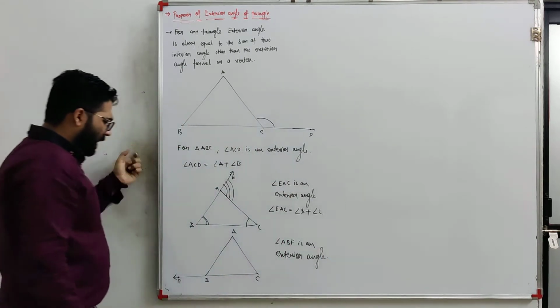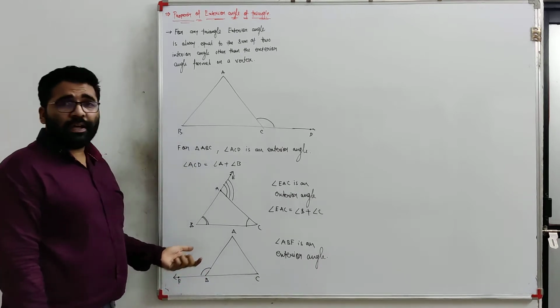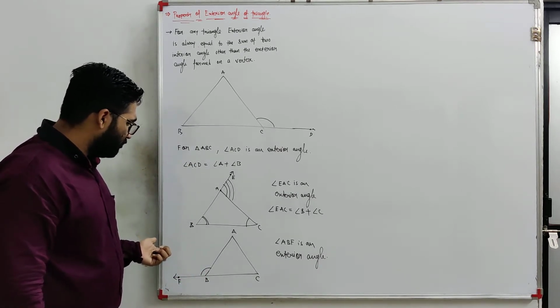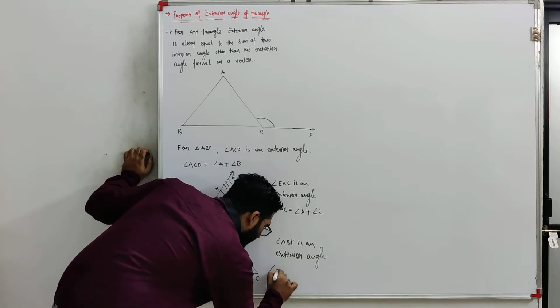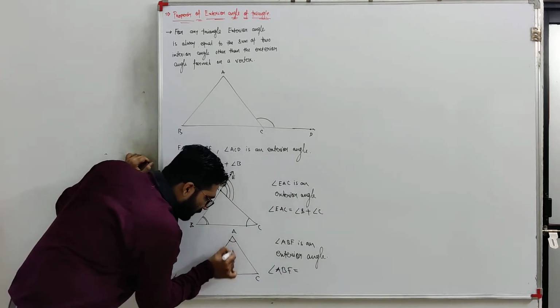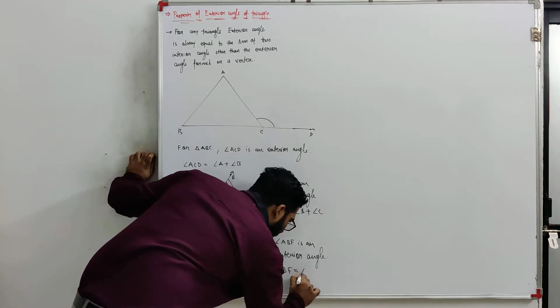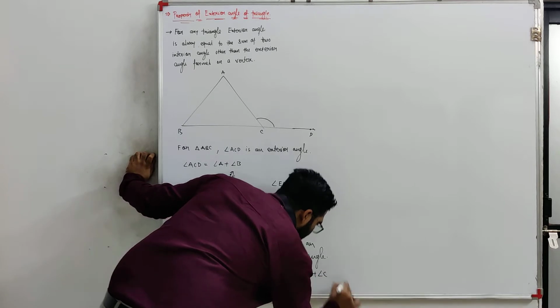I think I need your help. It is angle ABF is equal to these two angles. Obviously these two angles, as per the property, I can say angle A plus angle C.